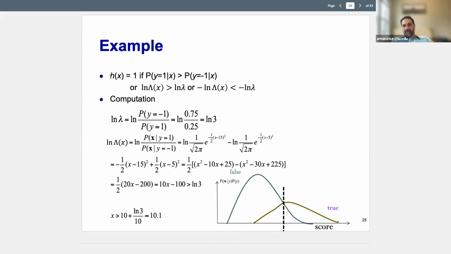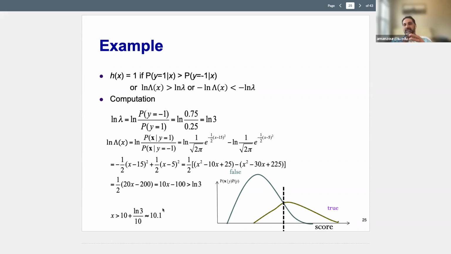My decision boundary would of course be in terms of X, and it is a threshold. If X is larger than a specific threshold, I should assign +1. If it's lower, I should assign -1. And that threshold in our particular example is 10.1.